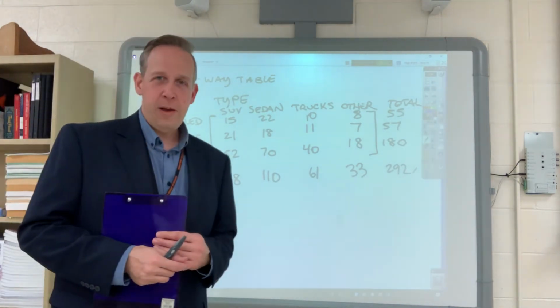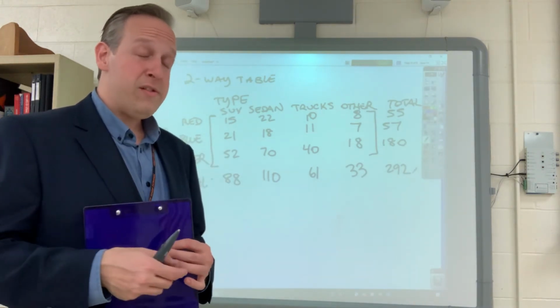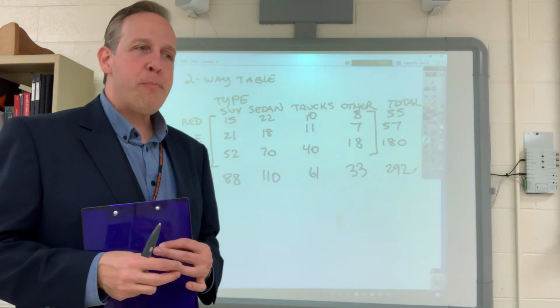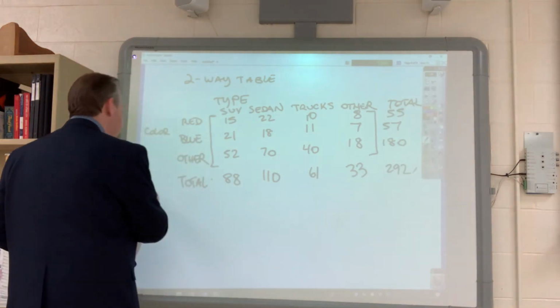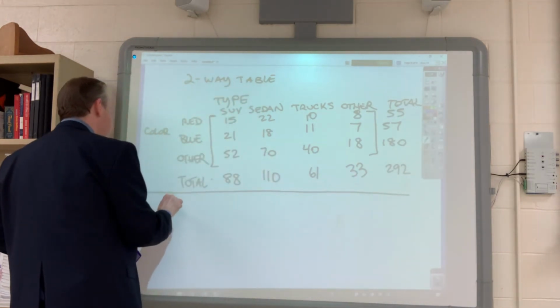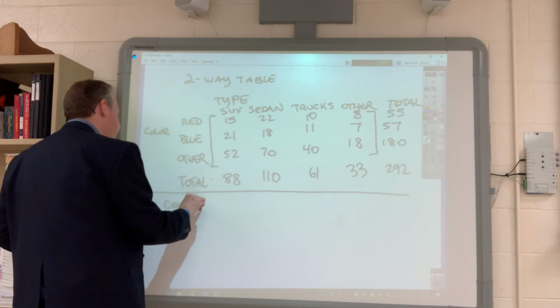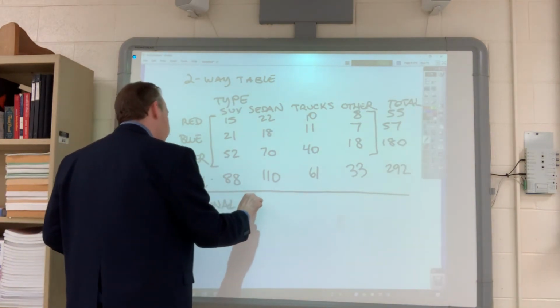From a two-way table, using the marginal distributions and the data within the two-way table, we can do conditional probabilities. So what does that mean? I'm not going to go into it too much because it is essentially another chapter, which we will get to. But here's how we're going to use this.